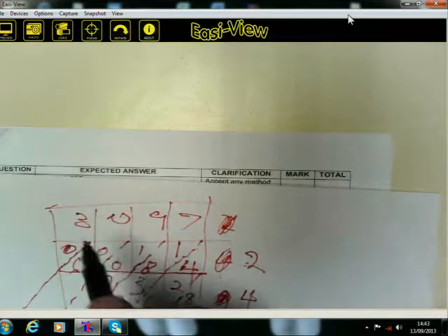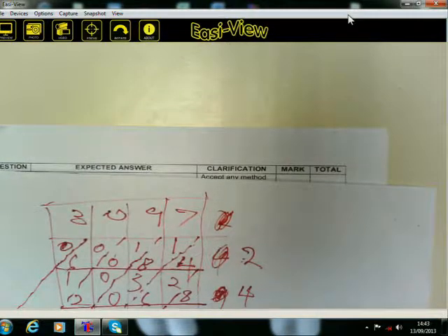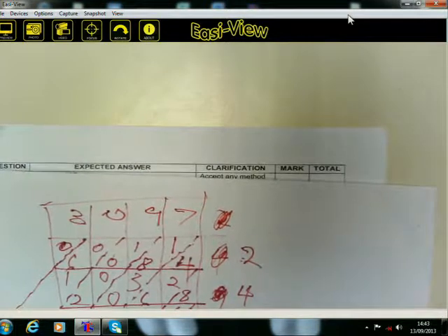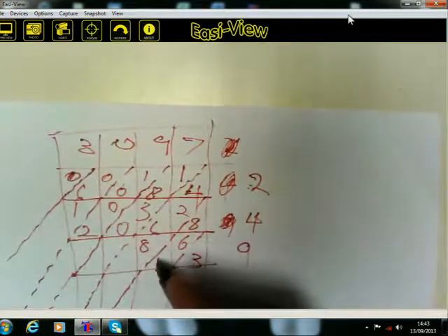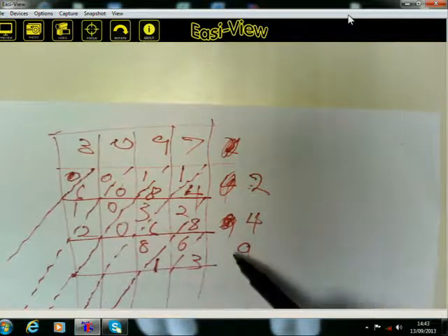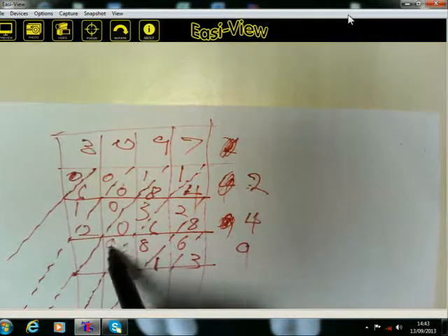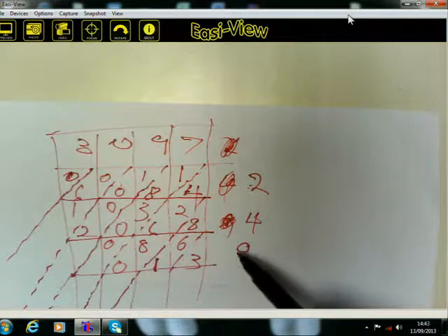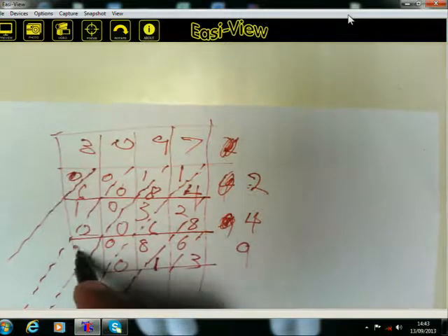And then 4 by 3 is 12. Now we come to 9. 9 multiplied by 7 is 63. And 9 by 9 is 81. 9 multiplied by 0 is 0, and then 9 multiplied by 3 is 27.